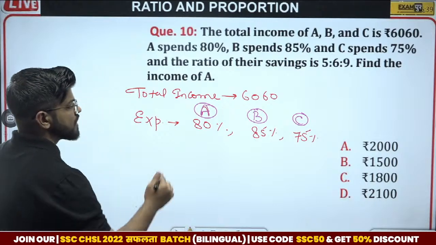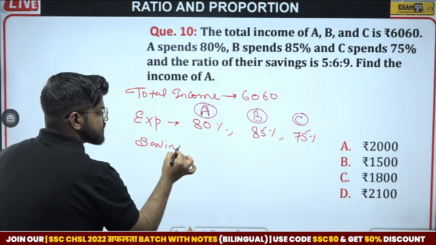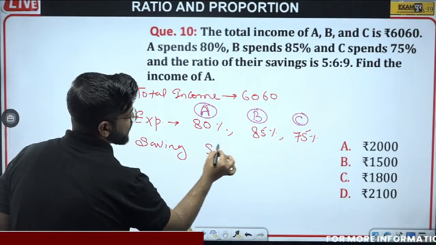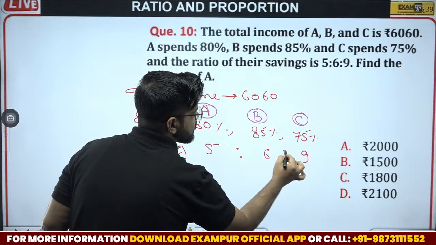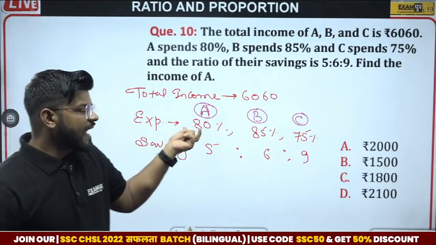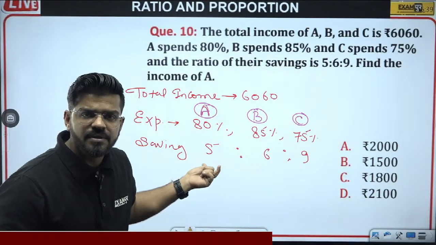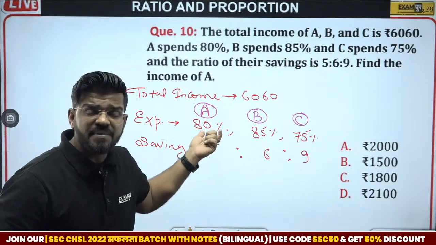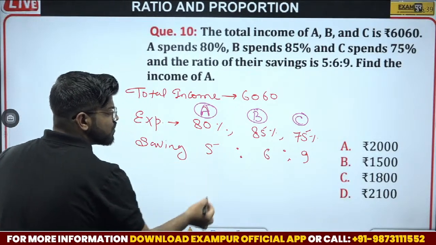So for saving, the ratio is 5:6:9. If expenditure is 80%, then saving is 20%. That means it is equal to 20%.